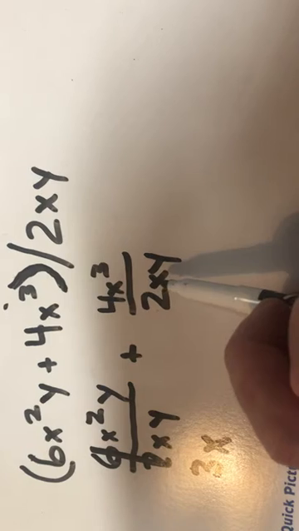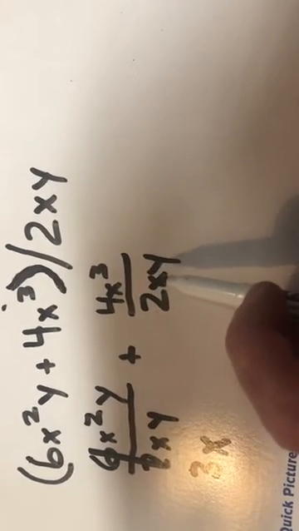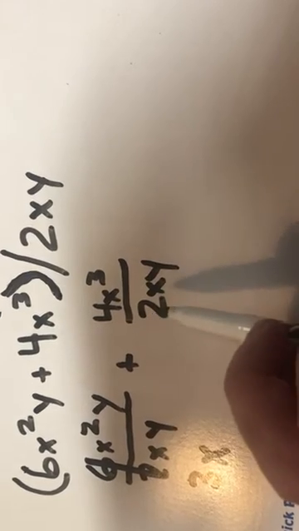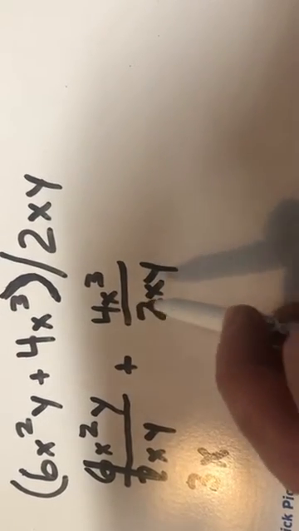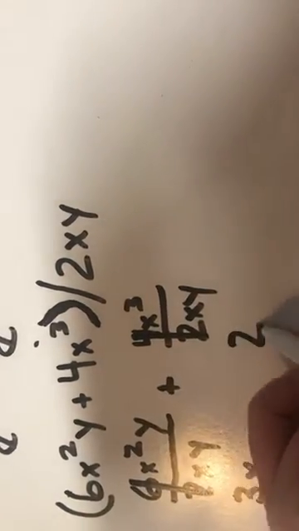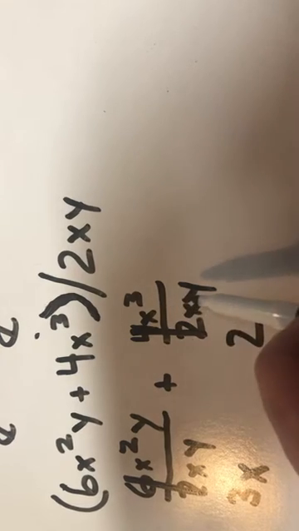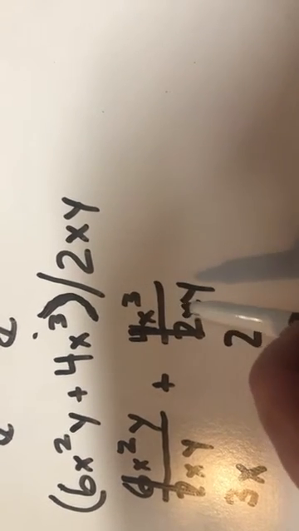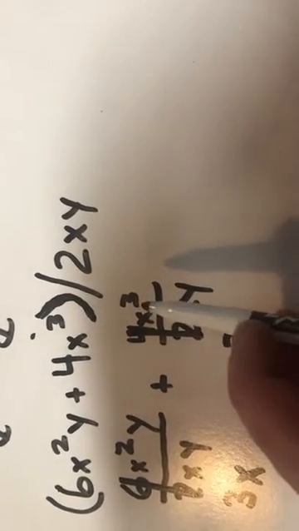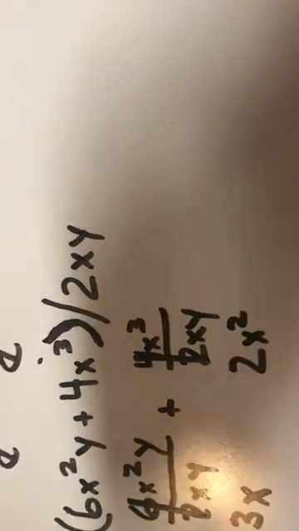Now I go to my second division problem. 4x to the power of 3 divided by 2xy. So I look at what can I divide, what works? Well, 4 divided by 2 is 2. Once again, I can subtract the exponents connected with the x to the power of 3, divided by x to the power of 1. 3 minus 1 is 2, so that's going to be x squared.